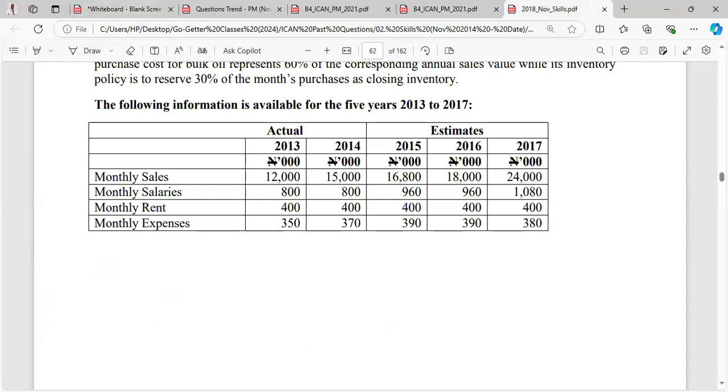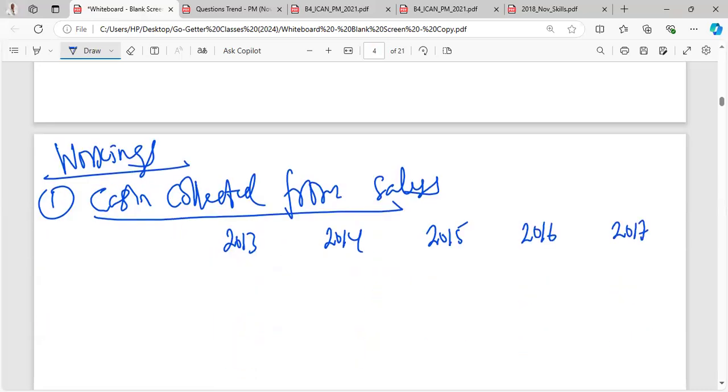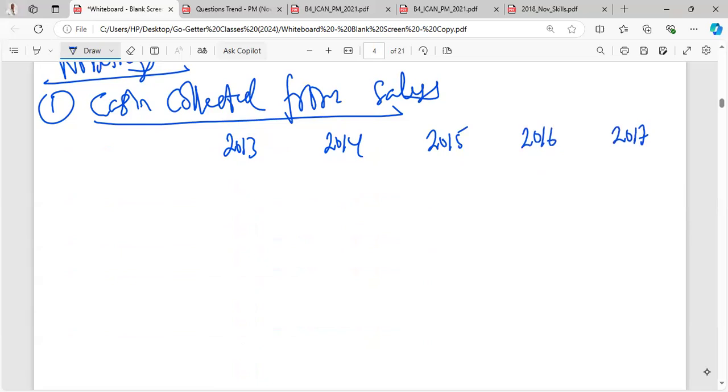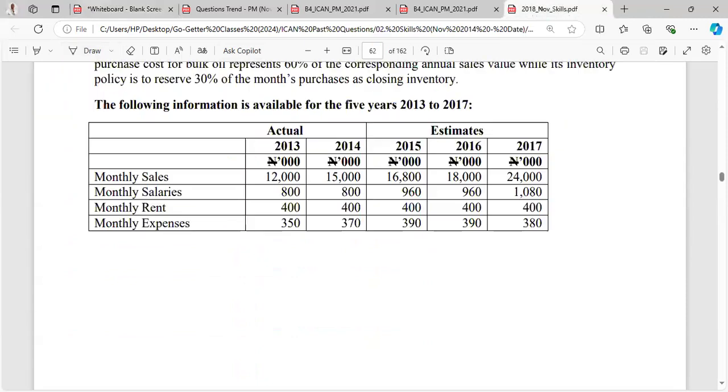So we'll put all of them together. So this is 2013, 2014, 2015, 2016, and 2017. Then we will say monthly sales. This is monthly sales.